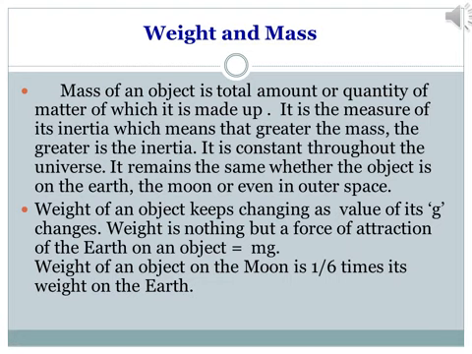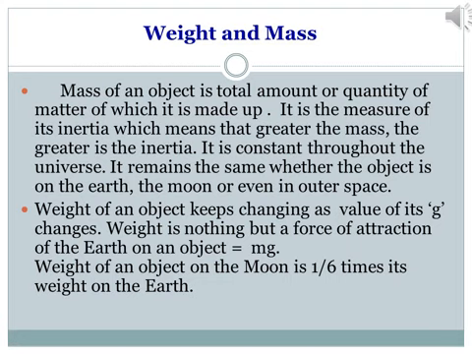Then what is weight of an object? It is just the amount of gravitational force acted on an object due to the earth. Weight of an object keeps changing as the value of its g changes, since weight W is equal to gravitational force F, which is equal to mg.